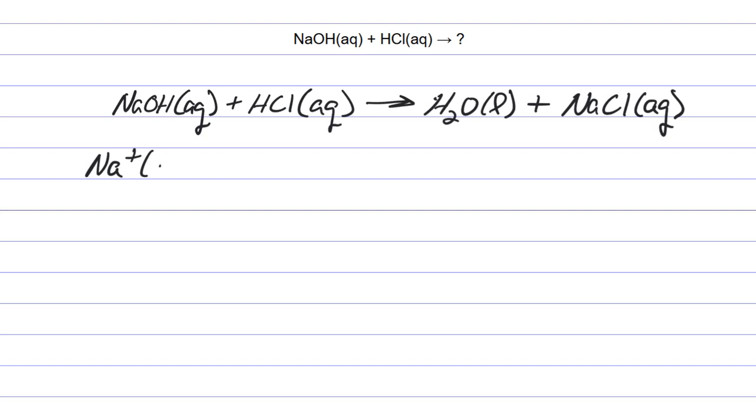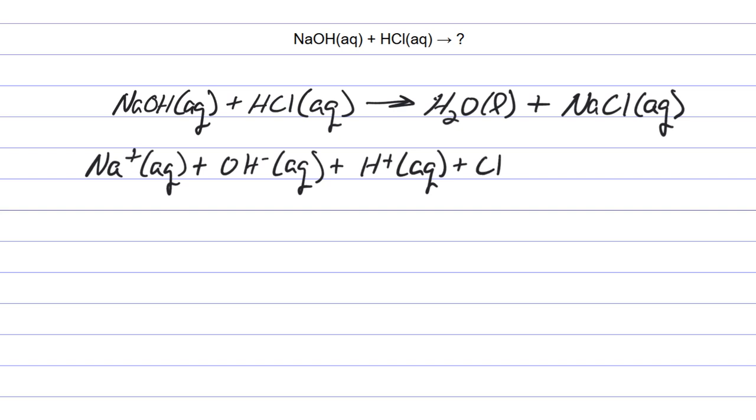So we have Na plus aqueous, OH minus aqueous, H plus aqueous, Cl minus aqueous. Those are our reactants.